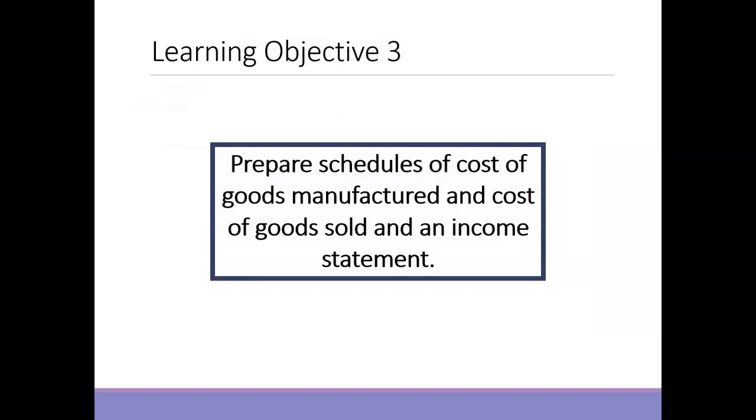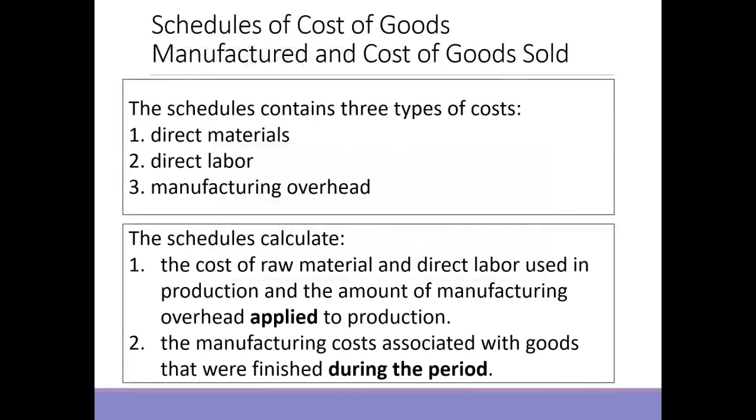Now we're going to look at preparing cost of goods manufactured, cost of goods sold, and the income statement. So a cost of goods manufactured and cost of goods sold will show direct materials, direct labor, and manufacturing overhead.